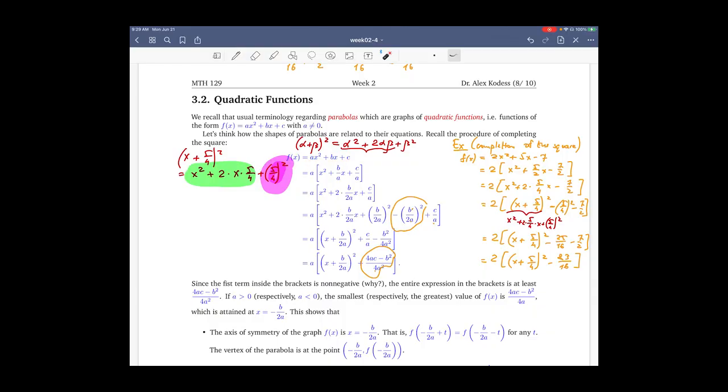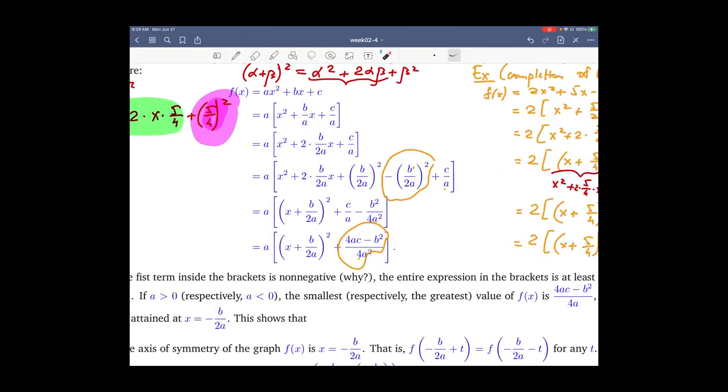For instance, we can immediately see that the expression in the brackets is at least 4ac minus b squared over 4a squared, simply because this is square and square is always non-negative.